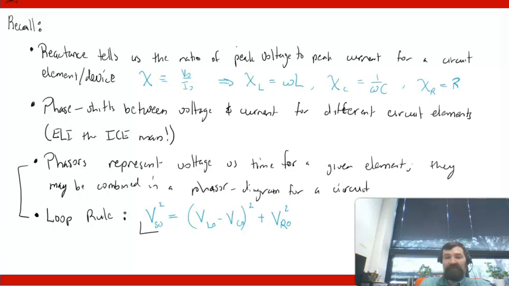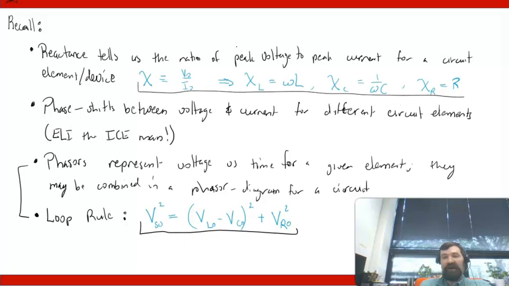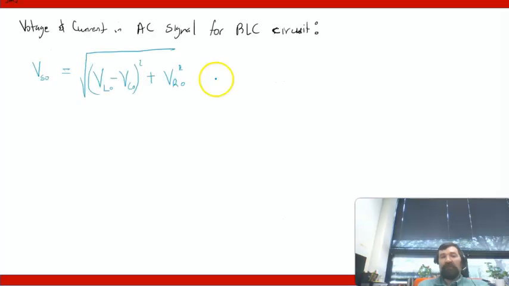So the peak voltage equation, given this, and given this line at the top, we can rewrite the voltage for the power supply. And what we end up getting is that the peak voltage for the source must be the square root of, and really what we want to do is just convert all these things into currents where possible.